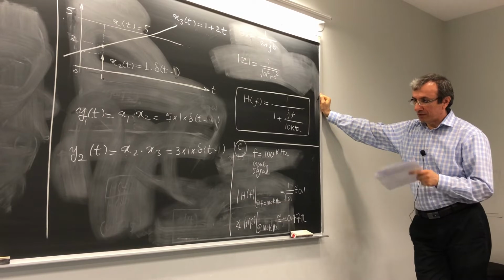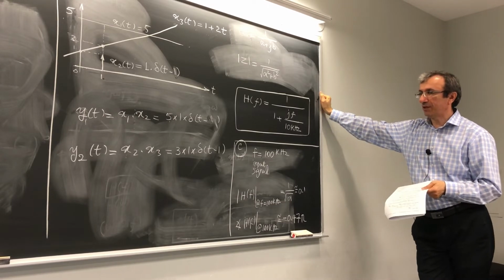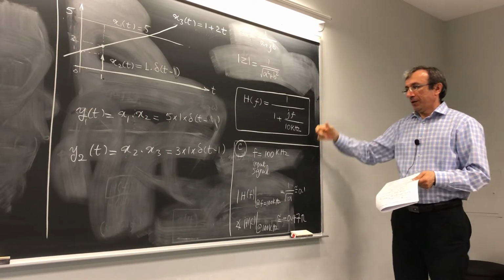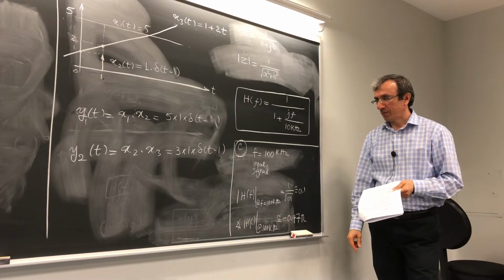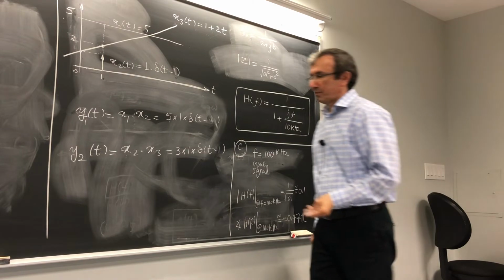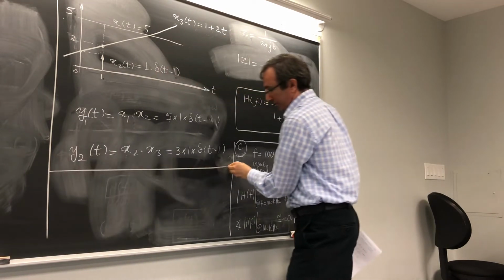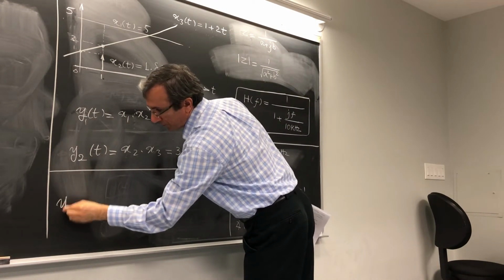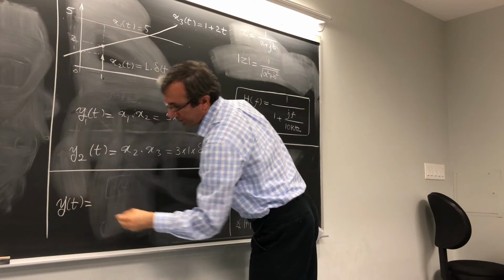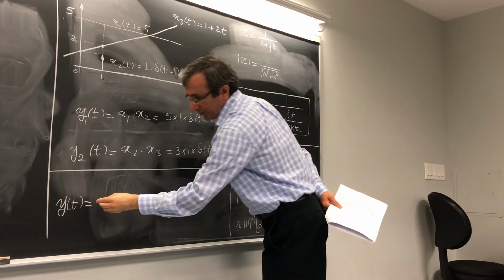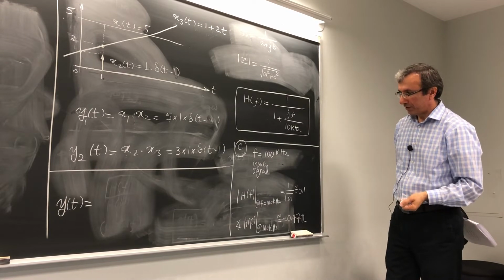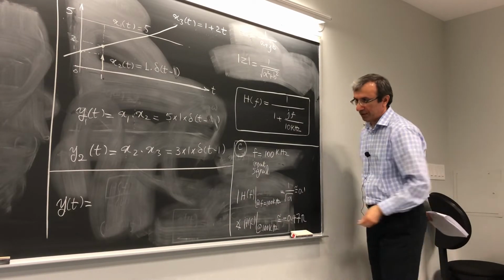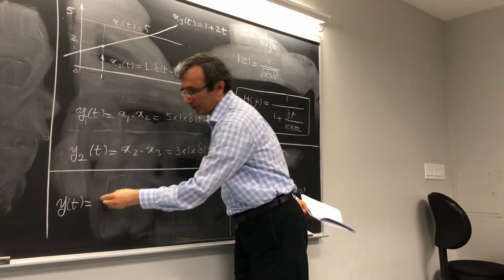So now that we've got the magnitude and the phase of the transfer function at the signal frequency, the output would be the amplitude of the input, which is 1 millivolt, times the magnitude of the transfer function.